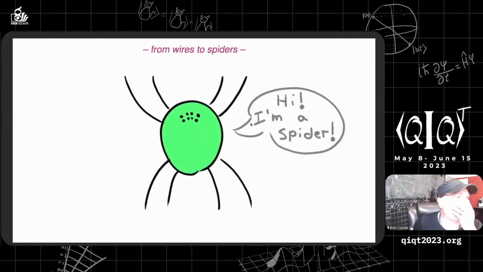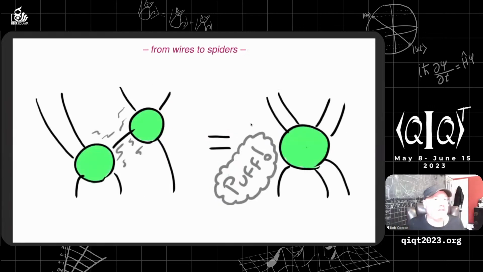Now, what is a spider? You have to think of a spider as something like a wire, but not with 2 ends, but with multiple ends. Any number, or none, or 1, or whatever. So the number of ends can vary. That's the difference. And the behavior of such spiders is exactly the same as the behavior of wires, or generalizes it, in the sense that if you glue 2 spiders together, then they fuse together, just like 2 wires fuse together.